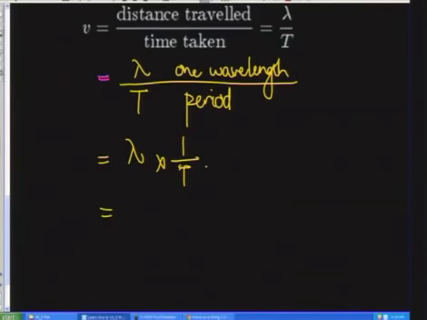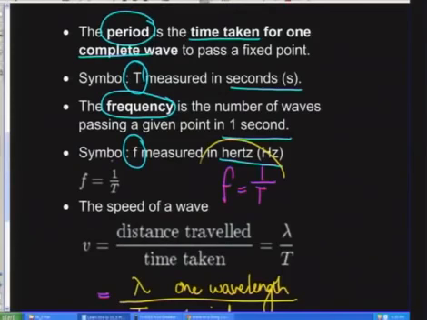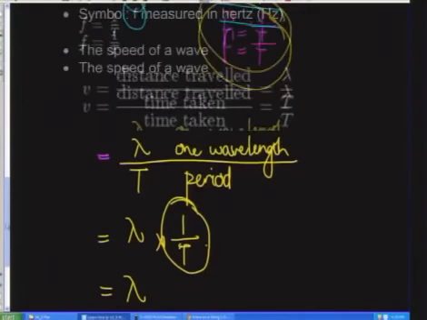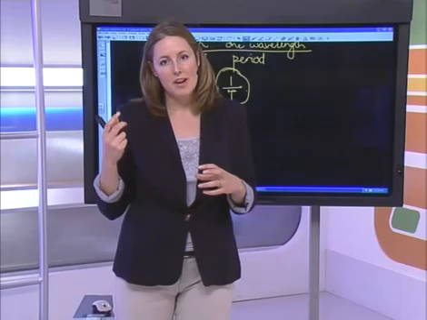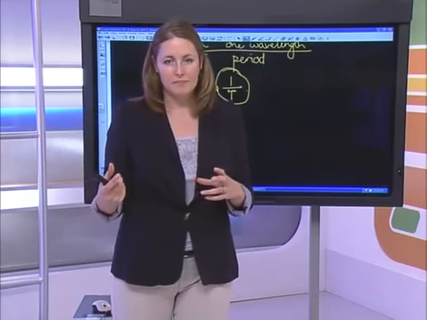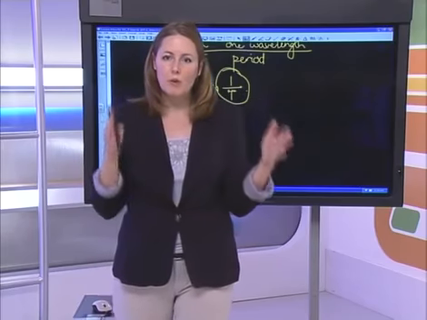That means I could write lambda, and what is this part? 1 over the period. I can zoom back. We have an equation for that: frequency is 1 over the period. So I can simplify this whole equation by saying the speed of a wave, as given by v, is equal to lambda multiplied by the frequency of the wave, the lambda being the wavelength.